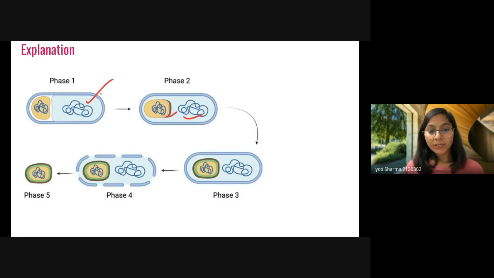This genetic material will have some covering, or some protective layers. And then what will happen? This bacterial cell wall will be lysed, or break down, and this is how the endospore will be released. So this is the endospore. Okay, and let me show you the next slide.